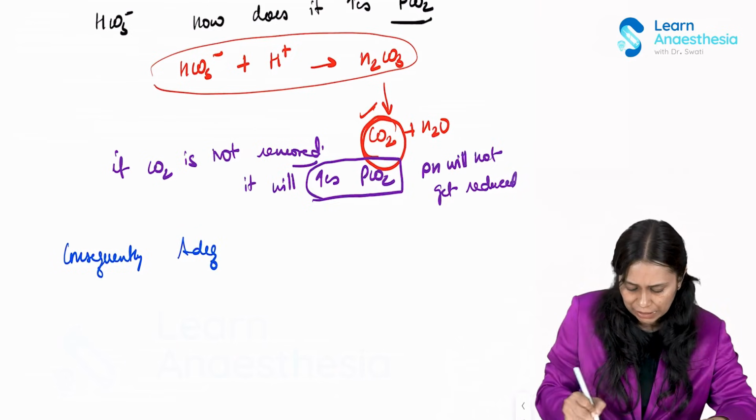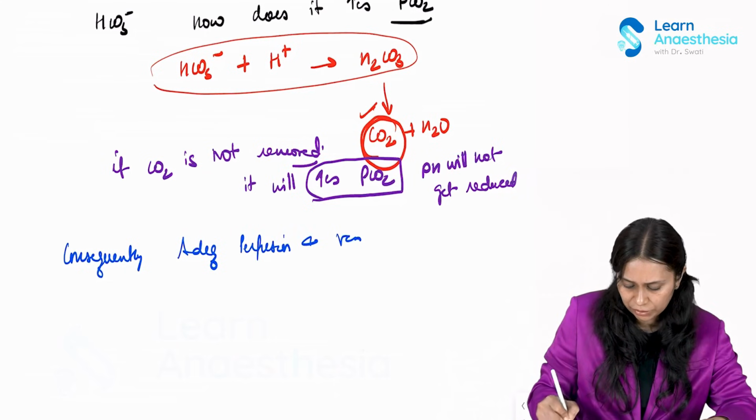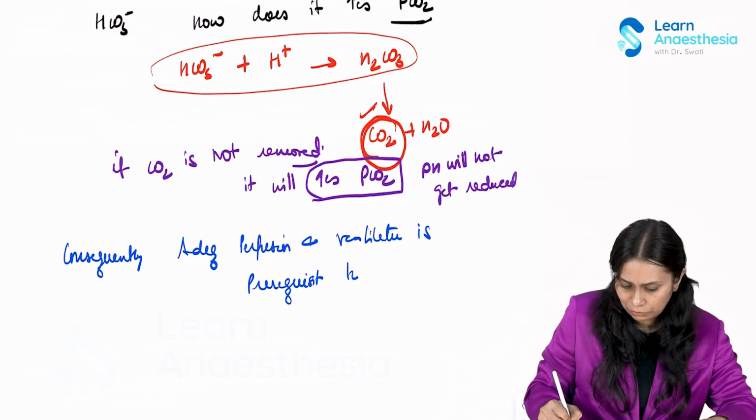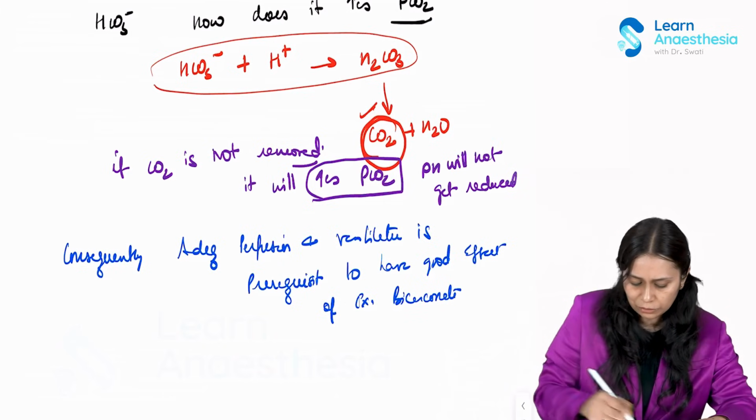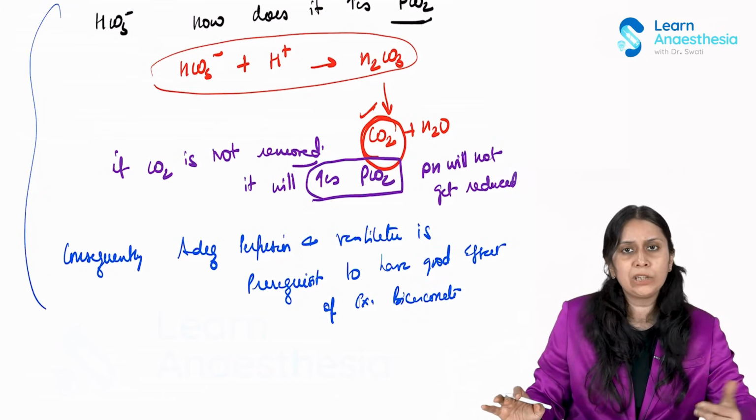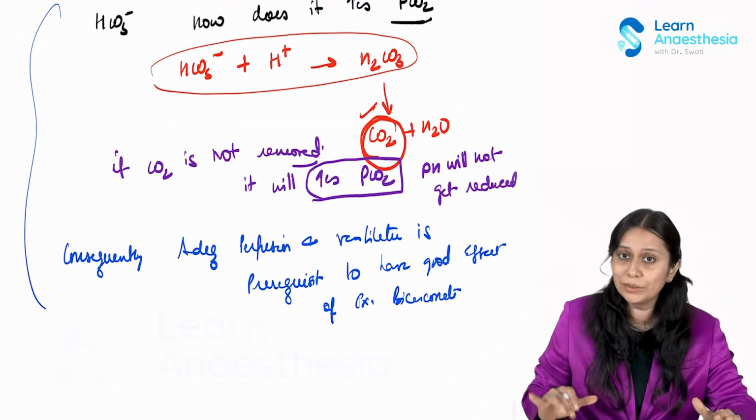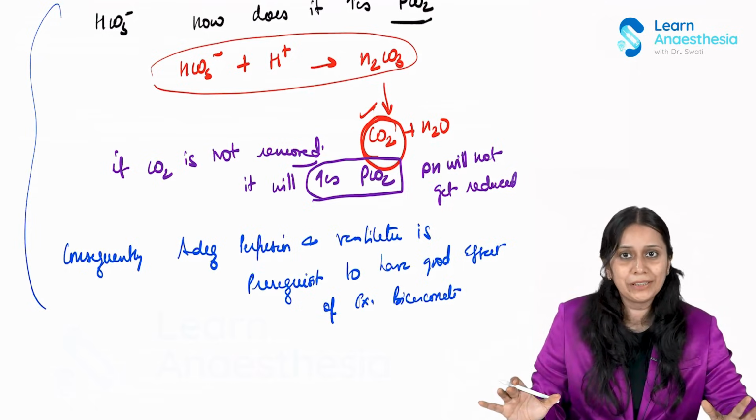Adequate perfusion and ventilation is a prerequisite to have a good effect of exogenous bicarbonate, right? So we need to have adequate perfusion and ventilation along with this bicarbonate therapy while treating the patient.